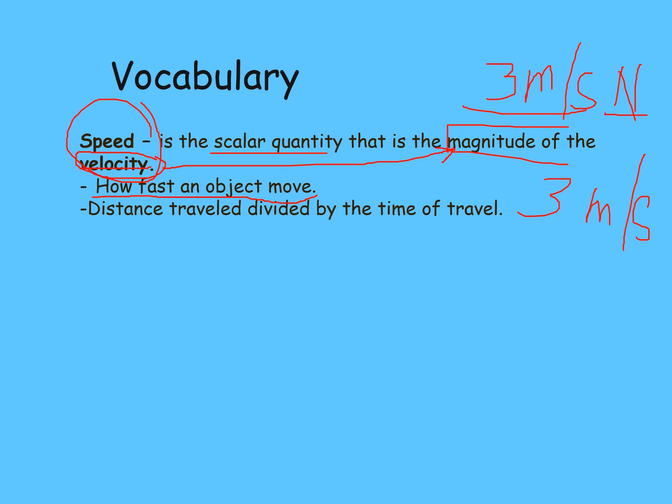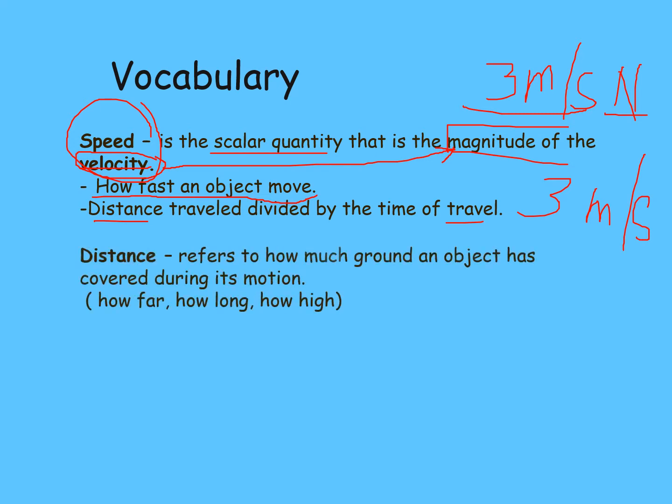Another one, speed is also the distance traveled divided by the time of travel. So that is speed. Next, we have distance. Distance refers to how much ground an object has covered during its motion. So distance is also called how far, how long, and how high.